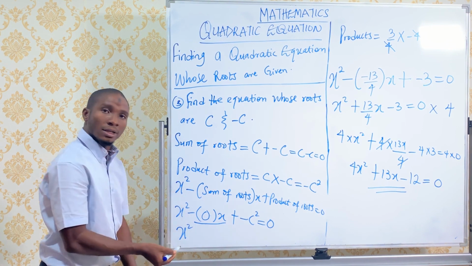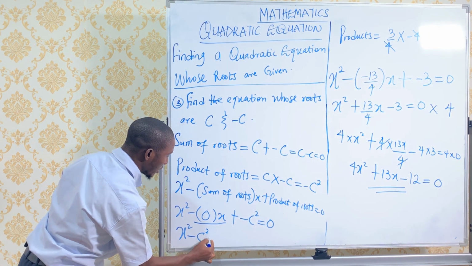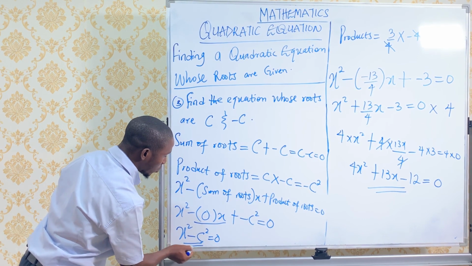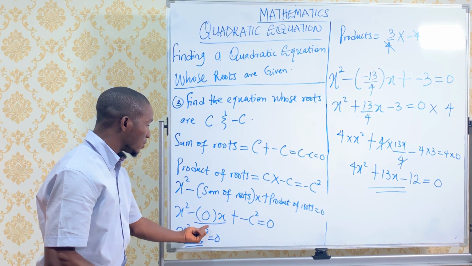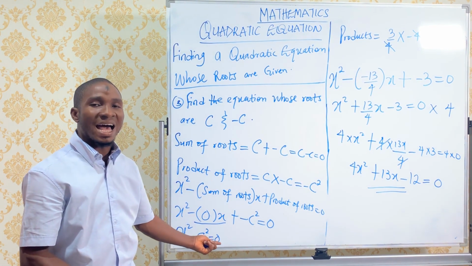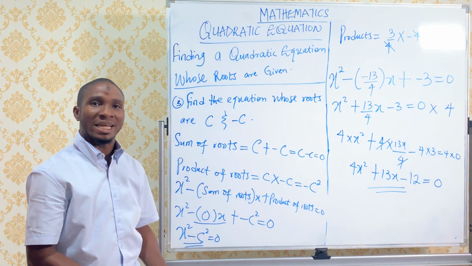Plus times minus will be minus c squared equal to 0. So we now have the equation x squared minus c squared equals 0 as the equation with the given roots c and minus c.